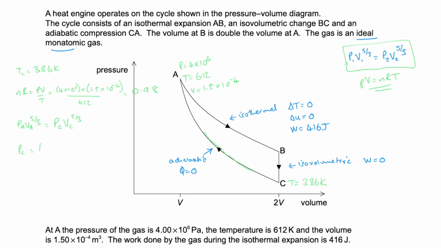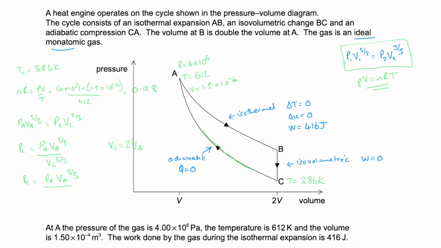PC is equal to PA VA to the 5 over 3 divided by VC to the 5 over 3. We know that VC is equal to 2 times VA. So PC is equal to PA VA to the 5 over 3 over 2 to the power 5 over 3 VA to the 5 over 3.